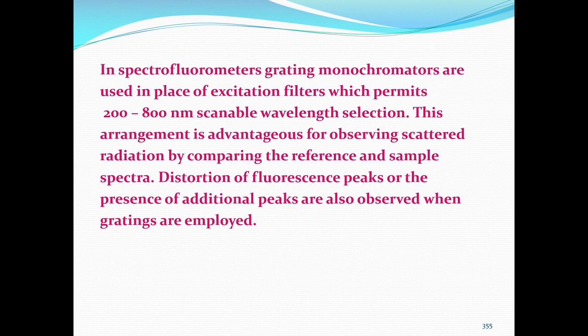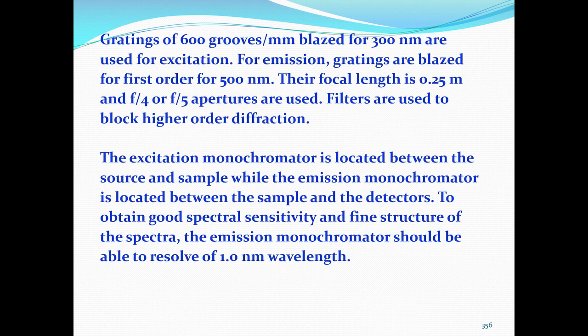Gratings of 600 grooves per mm blazed for 300 nanometer are normally used for excitation. Focal length etc. are matters of detail: 0.254 meter, and f/4 and f/5 apertures are used. Filters are used to block higher radiation, and excitation and emission should be able to resolve normally about 1.0 nanometer wavelength, that is the ultimate.